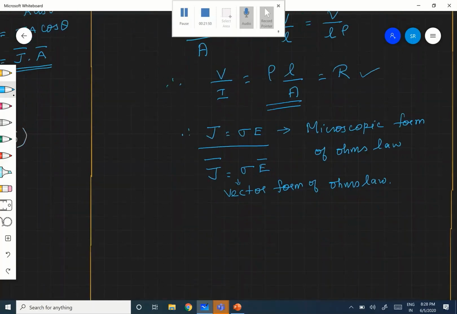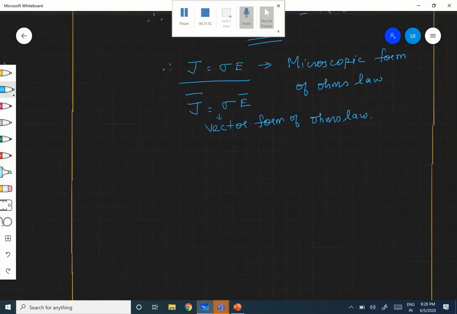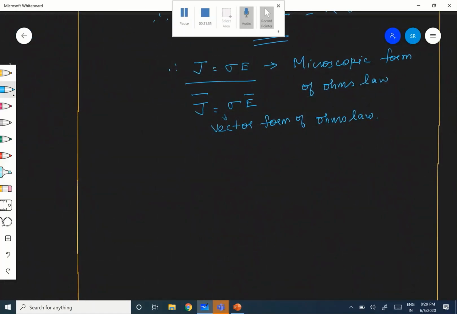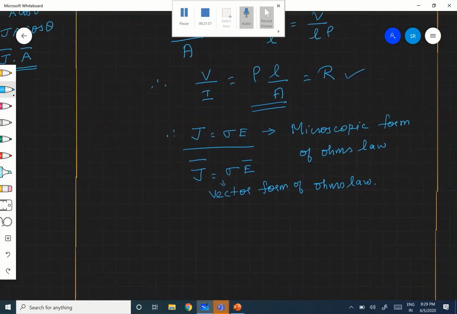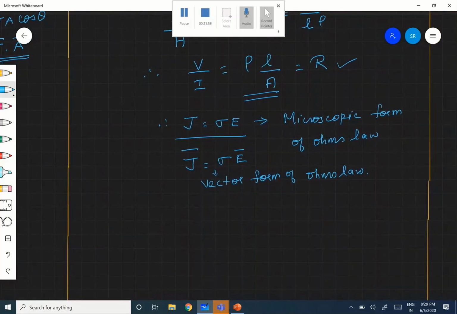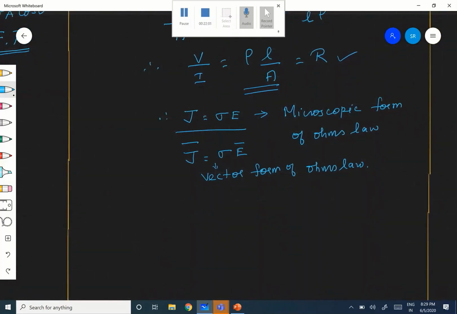Right. Next one. Next relation. We have derived the relation between J, sigma and E. One more relation we will see. These are all very common, children. This will come for 2 marks, 3 marks, and is very important even for numericals.